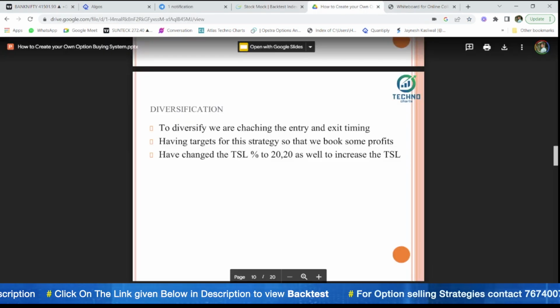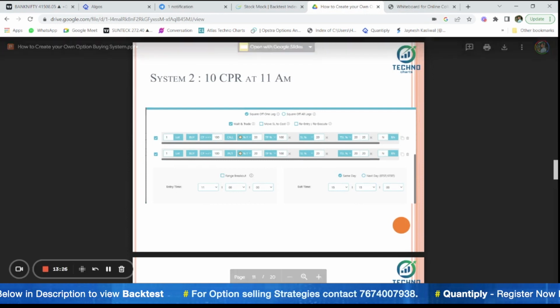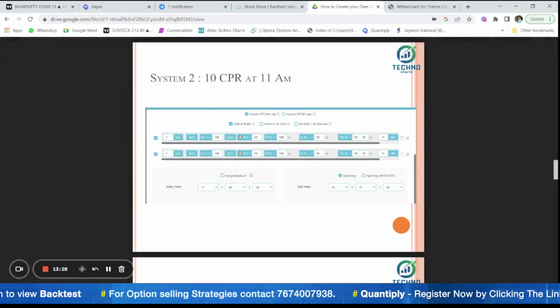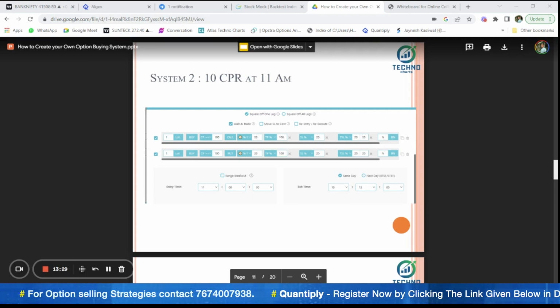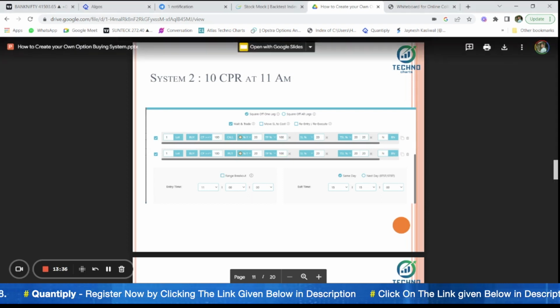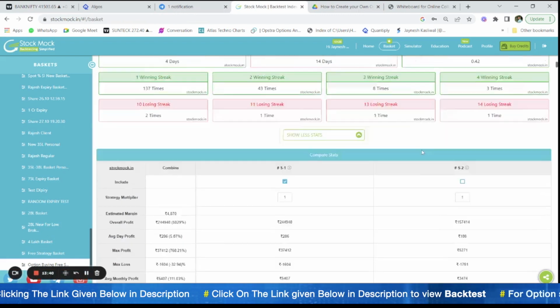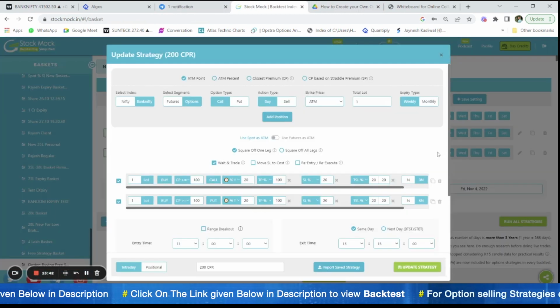Now, coming back to the system here, system 2 that we can trade is 100 CPR at 11 a.m., a similar system where we are going to buy the 100 closest premium range, now at 11 a.m. The target that we have applied on system 2 that we are going to run is 100% target on the premium.